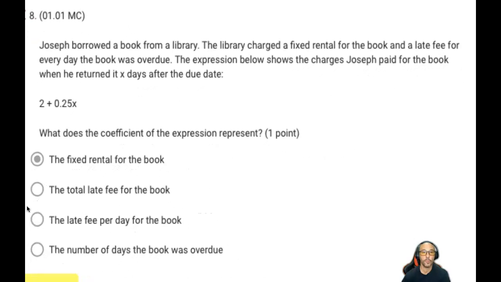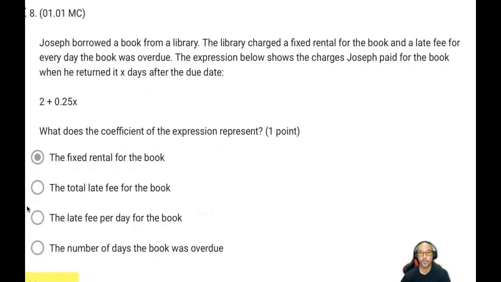Joseph borrowed a book from a library. The library charged a fixed rental for the book and a late fee for every day the book was overdue. The expression below shows the charges Joseph paid for the book when he returned it X days after the due date.